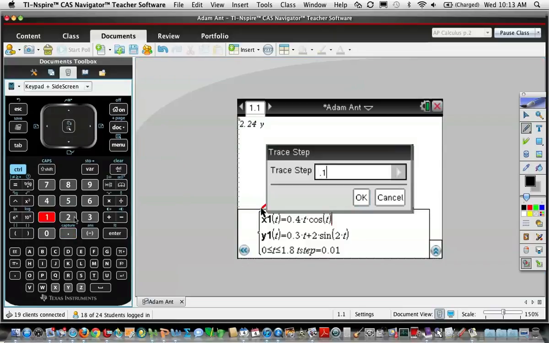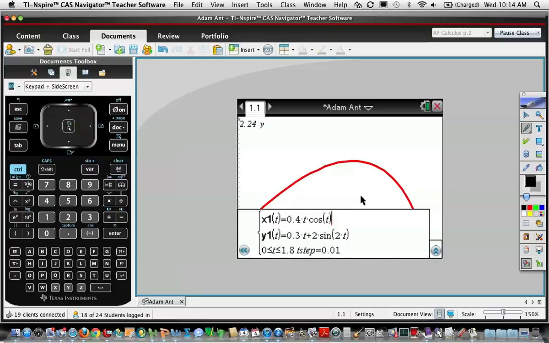Let's change it to 0.1. Trace step too large. You keep making it go bigger and it keeps saying it's too large. Wait a minute. How big can we make it before it's not too large?